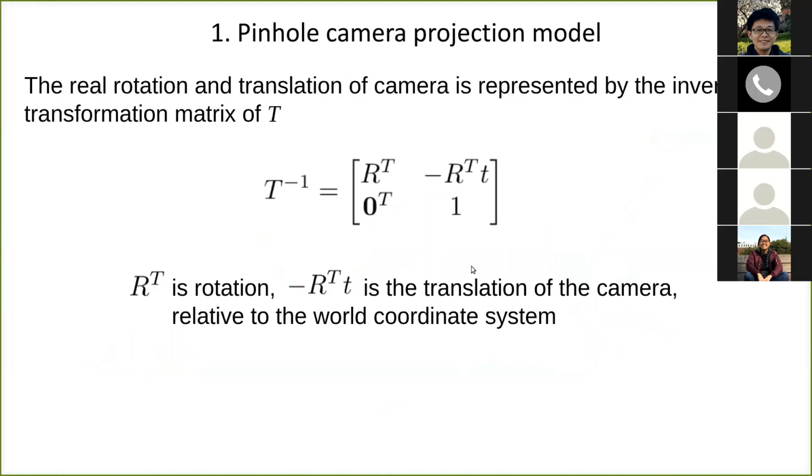Okay, so that is to say, if we denote R and T as the transformation of the coordinates from the world coordinate system to the camera coordinate system, the camera motion is actually the inverse of this matrix T.